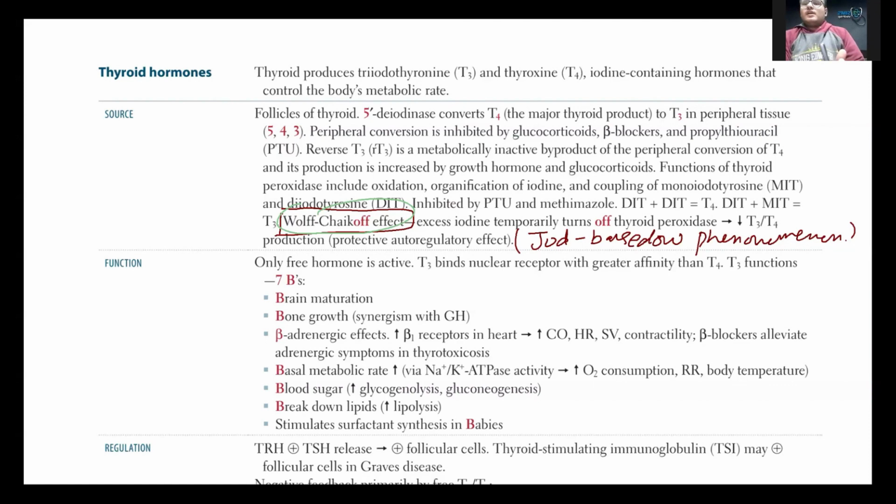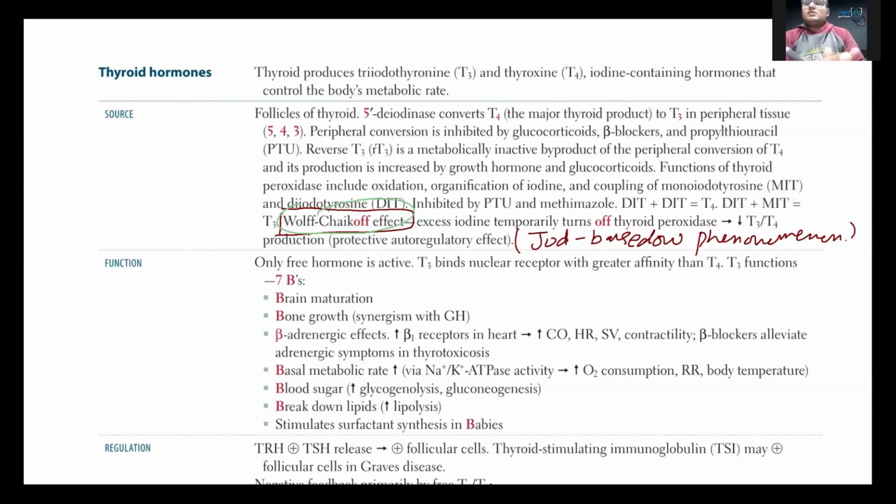The opposite of the Wolff-Chaikoff effect is the Jod-Basedow phenomenon. What is this? When there is a patient who is already iodine deficient, like in hilly areas of Pakistan, hilly areas like Gilgit, where there is iodine deficiency, when you give iodine to that person, there will be excess production of T3, T4, and you will find more T3, T4 in the blood after giving the iodine.